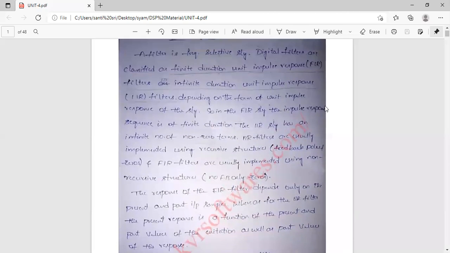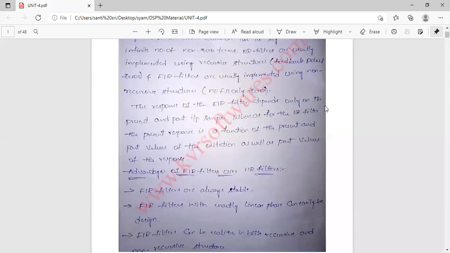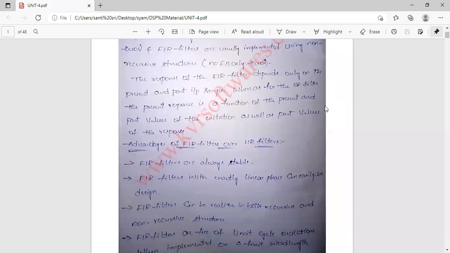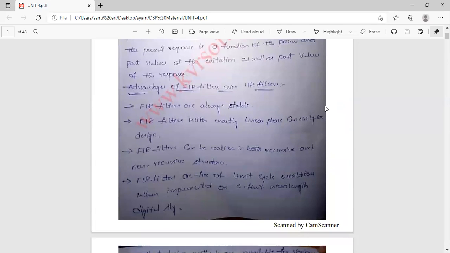FIR filters are implemented using non-recursive structures, whereas IIR filters are implemented using recursive structures. FIR means finite duration, IIR means infinite duration unit impulse response filters. The advantages of FIR filters over IIR filters are: FIR filters are always stable.